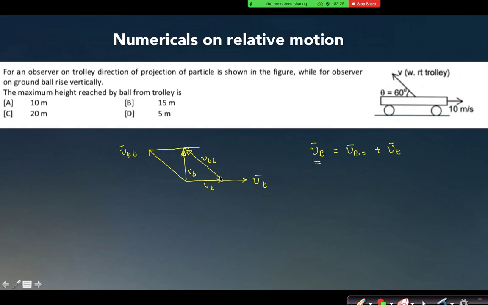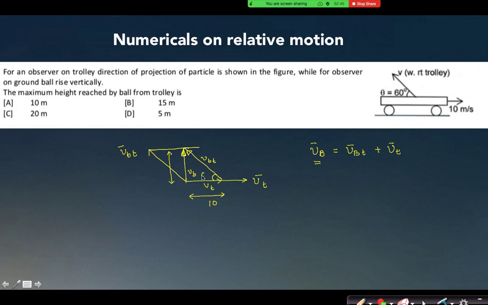And what is this angle? This angle is 60 degree, given in your question. So if I talk about magnitude, if this value is 10, then what will be the value of this VB?